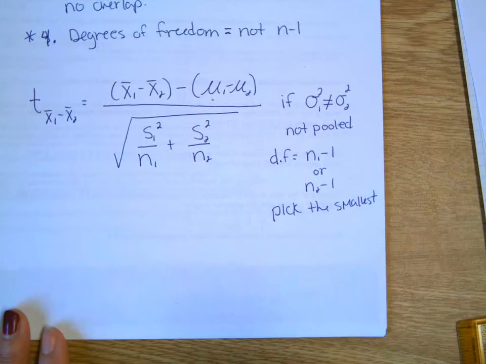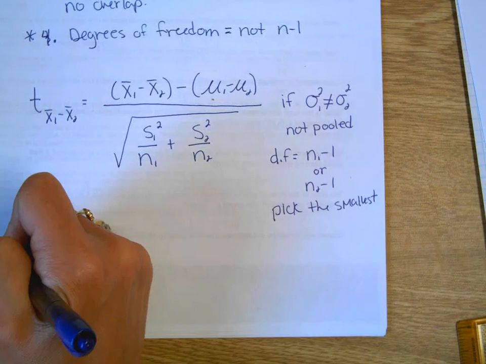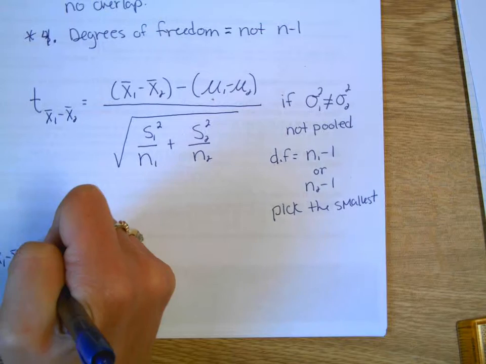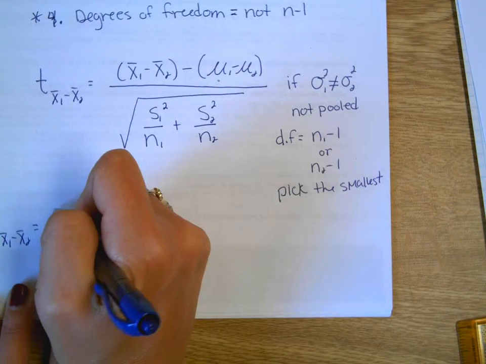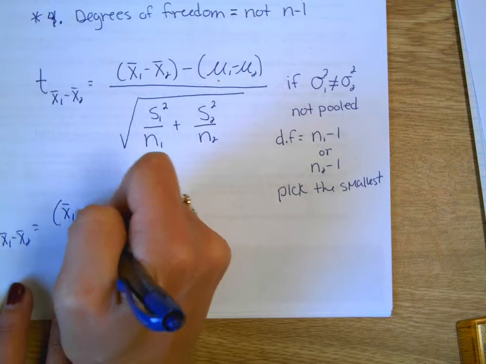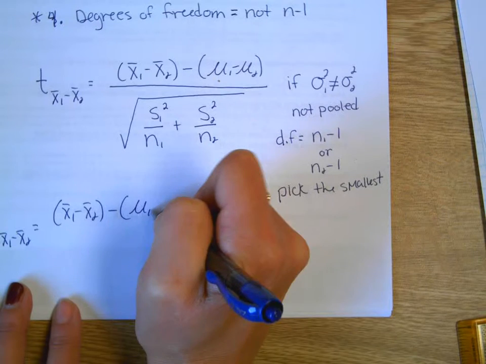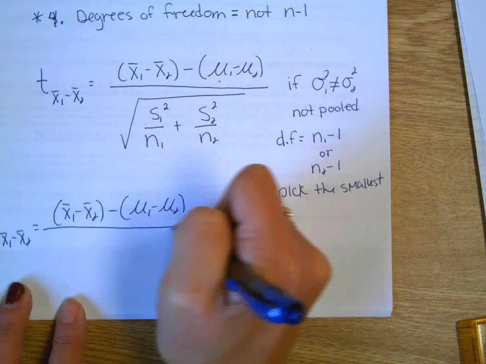Now, if they are equal, the formula changes. So I can fit it on here. X bar 1 minus X bar 2. You'll love this one. The top is the same. x bar 1 minus x bar 2, mu 1 minus mu 2. The denominator is where things get a little tricky.